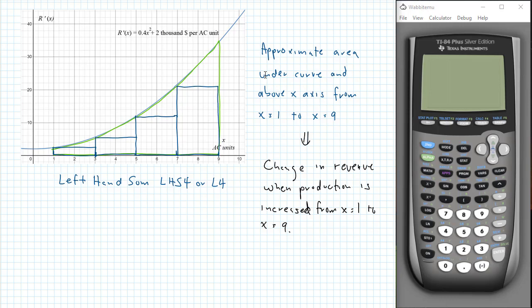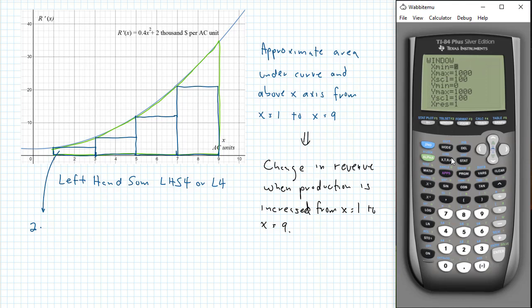So all we need to do is figure out the area of each one of these. And we're halfway there because each one of them is 2 wide. So if I take the first rectangle, its width is 2. Now I just need to find the height. And if I look at this, it looks like it's a little bit higher than 2. Now, the good news is we have the formula right here. So I can go ahead and put in y equals 0.4 x squared plus 2.